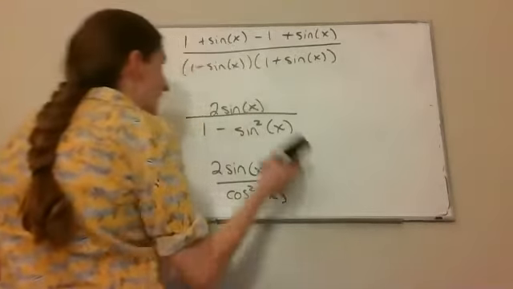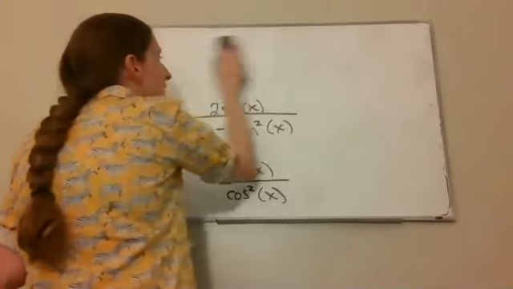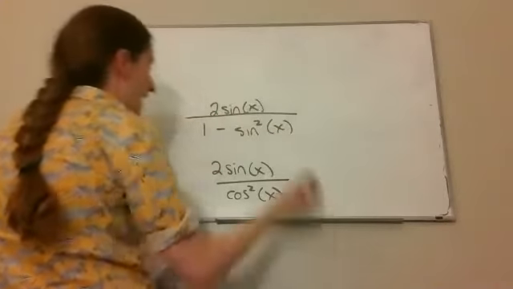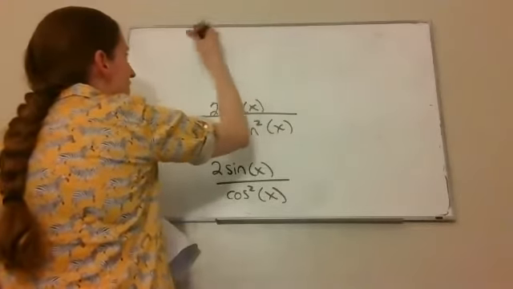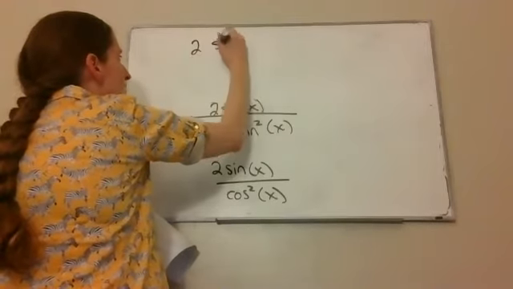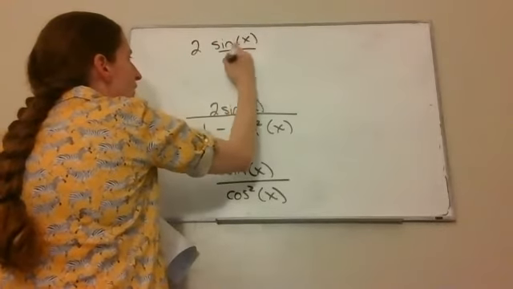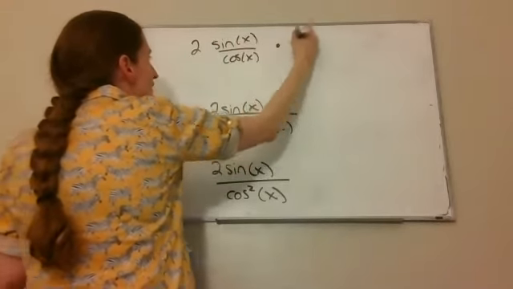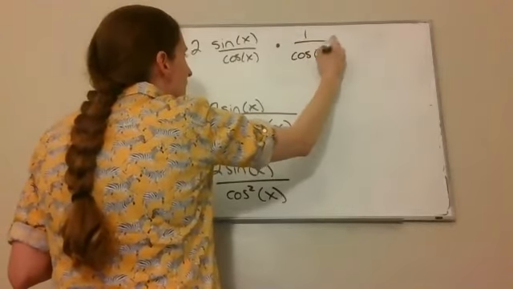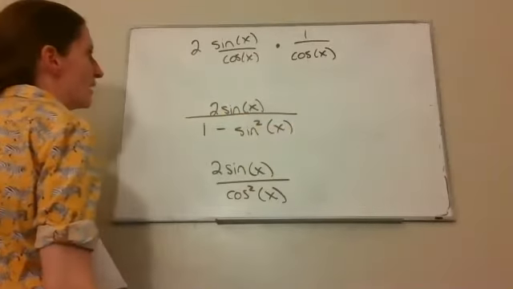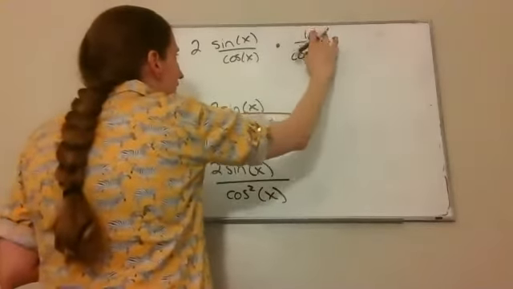And now we're actually almost done. I can just write this a little bit different. I have 2 sine x over cosine x times 1 over cosine x. I just split it up as multiplying different things together.